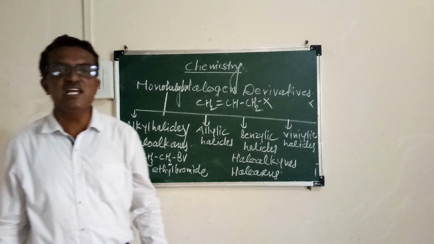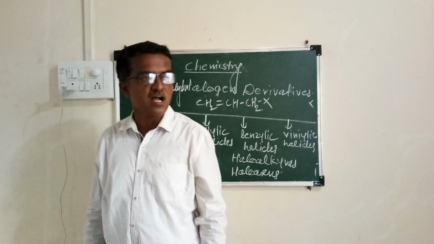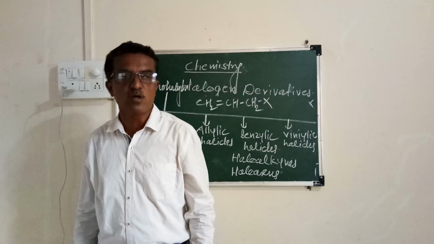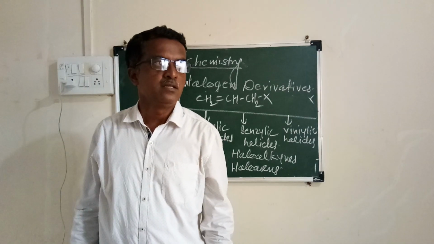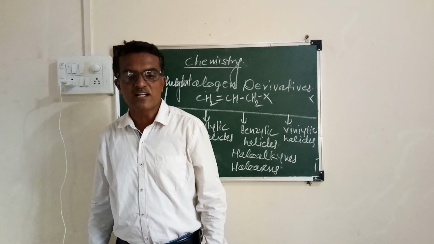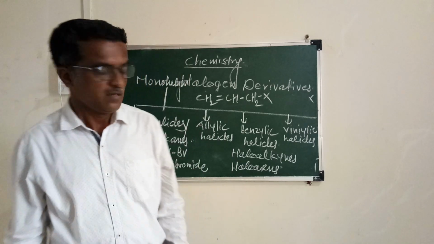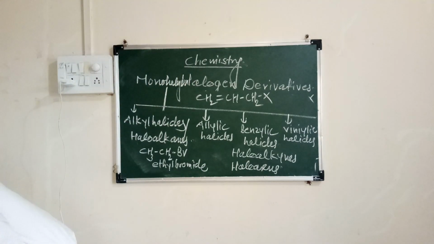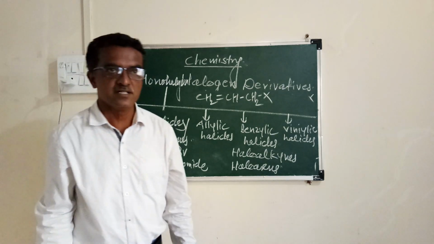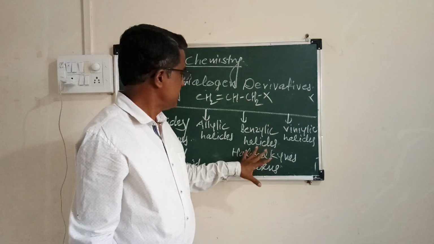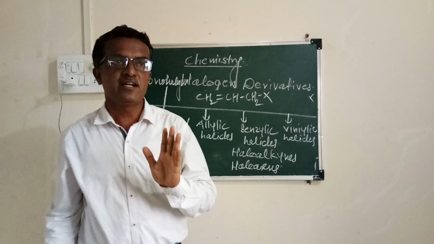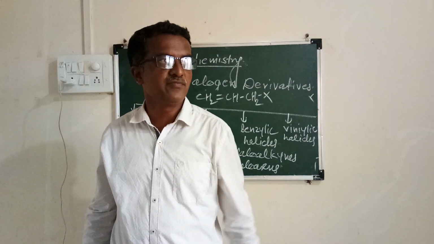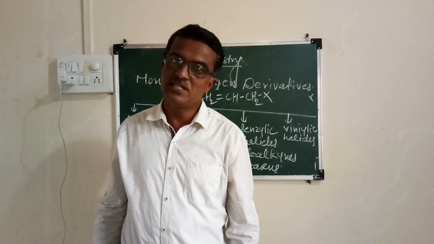Now the next one is the benzylic halides. Benzylic halides are those monohalogen derivatives of alkanes in which the halogen atom is attached to that carbon atom which is in sp3 hybrid state.